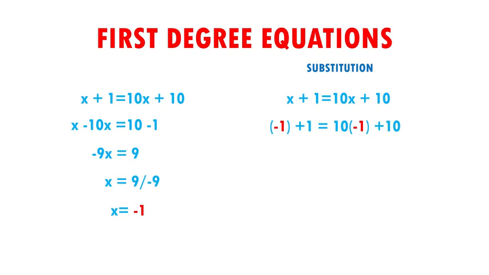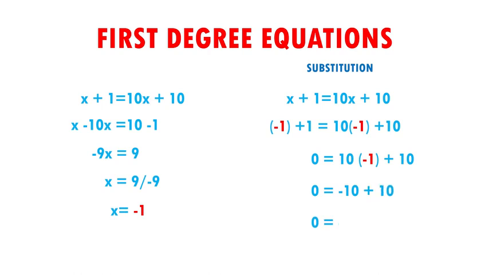When adding minus 1 plus 1 gives me 0 as a result. This is equal to 10 times minus 1 plus 10. So I have 0 equals 10 times minus 1 equals minus 10. And plus 10 goes down exactly the same.